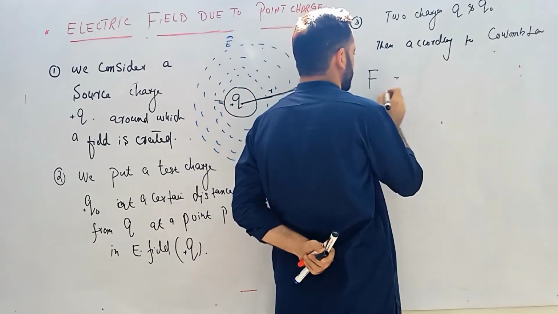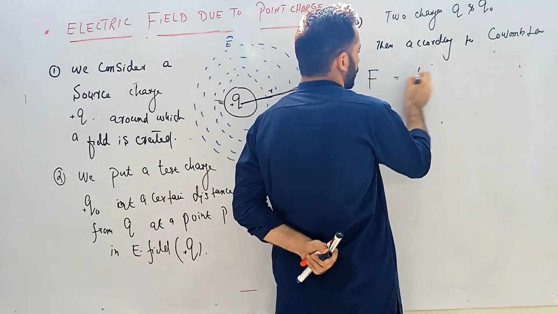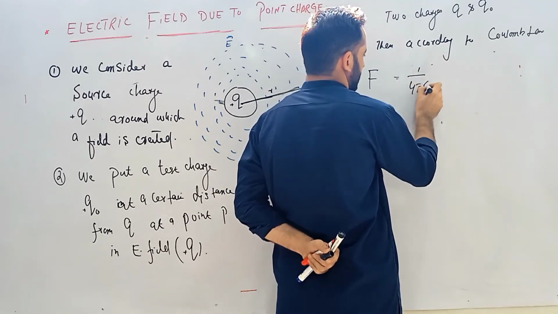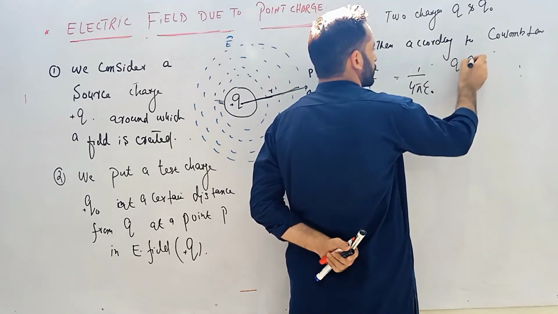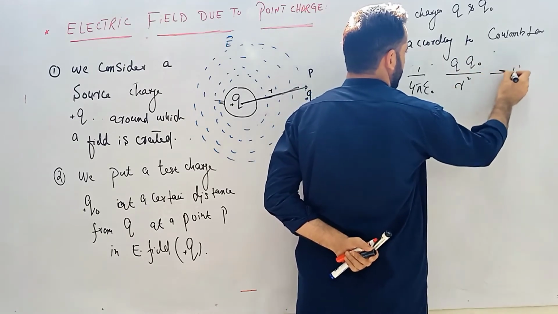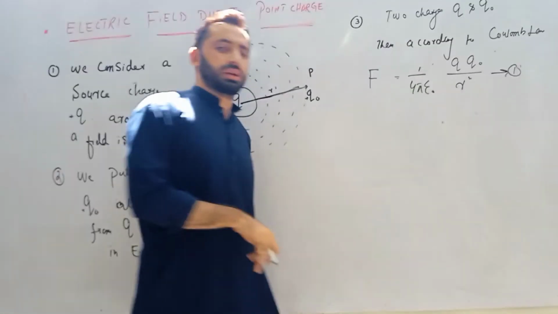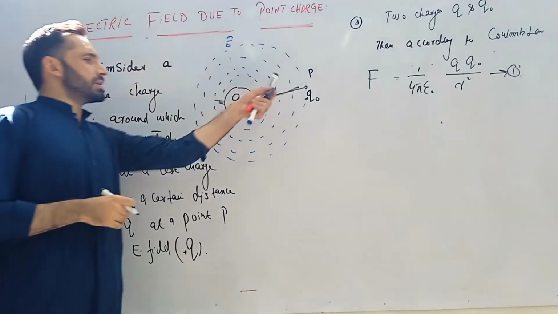F is equal to 1/4 epsilon naught, Q Q naught divided by R square. Only the magnitude for now. This means a force.